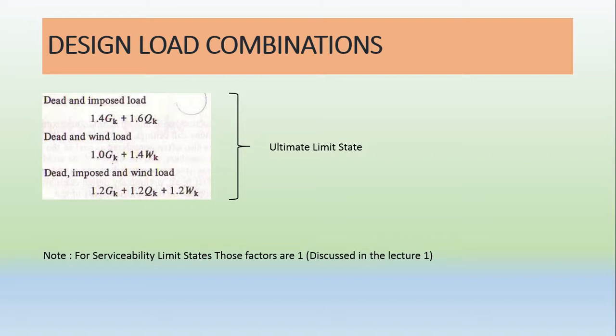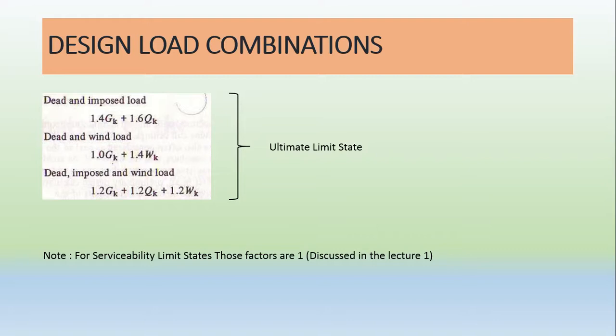Let's consider the beam: the weight of concrete, weight of steel, and also weight of finishes. If there are permanent partitions on there, those are dead loads. And also there may be some permanent structure or a point load from a column on that beam; that also we can consider a dead load.